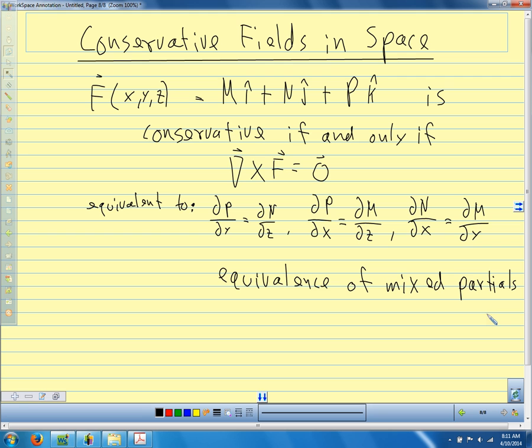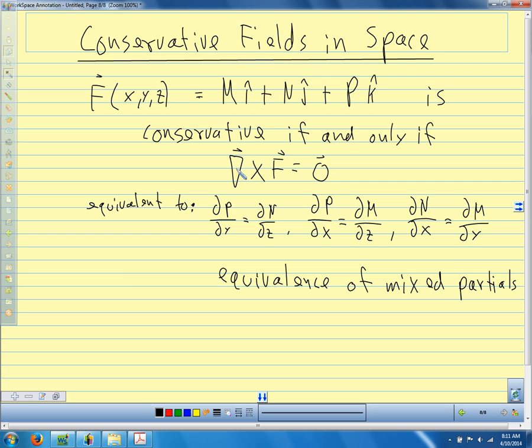All right, so we have this idea of a vector field, and this idea of a potential function, the gradient of a potential function giving us a vector field, and how that relates to a conservative vector field. We'll talk later about what a conservative vector field conserves. We'll talk about what the potential represents, and a little more detail about what the curl is telling us about a vector field.